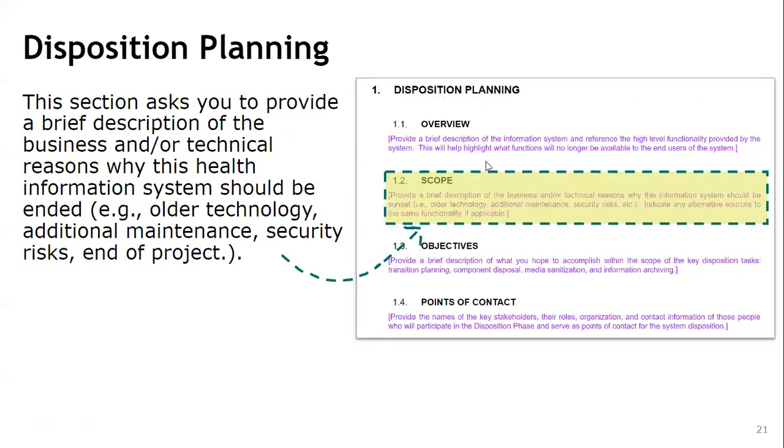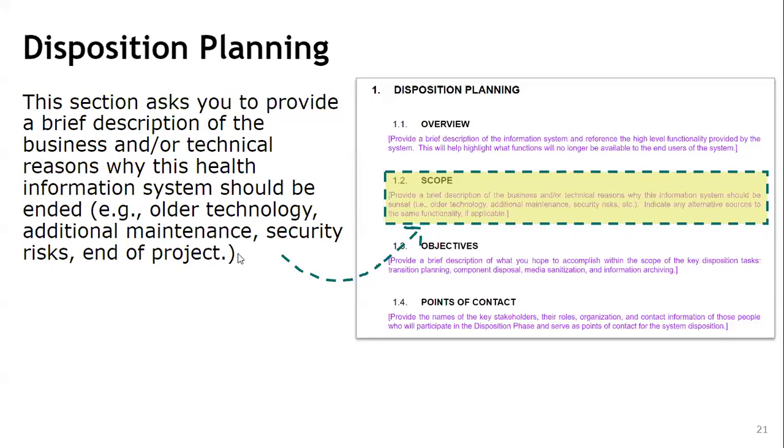The scope part asks you to provide a brief description of the business or technical reason why this HIS should be ended. Older technology, as an example, or additional maintenance, or security risk, or end of the project. If we need to close out the project, we have to provide the appropriate reason.